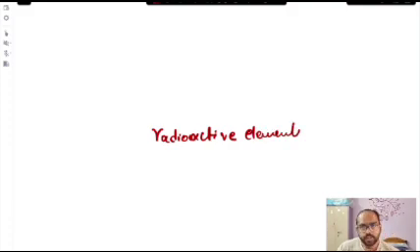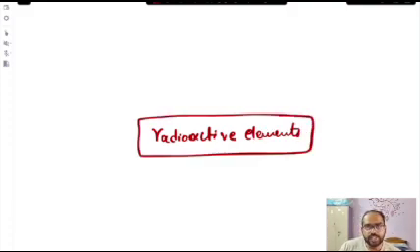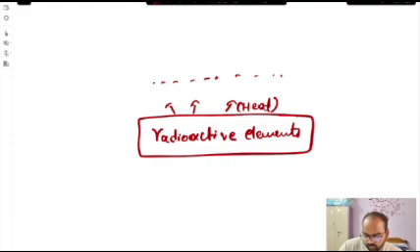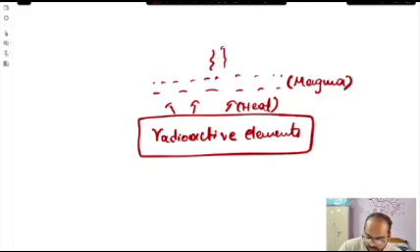Radioactive elements. Due to the decay of the radioactive elements, heat is emanated. Due to the heat, this is magma. Magma rises, and these are your plates, the lithospheric part.